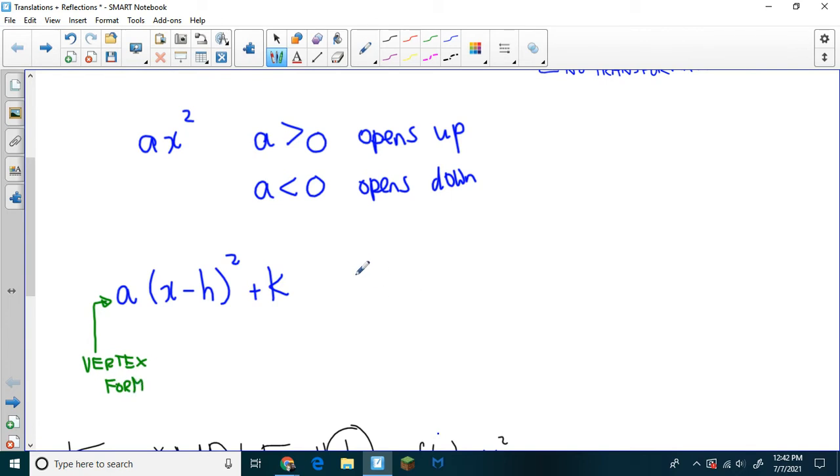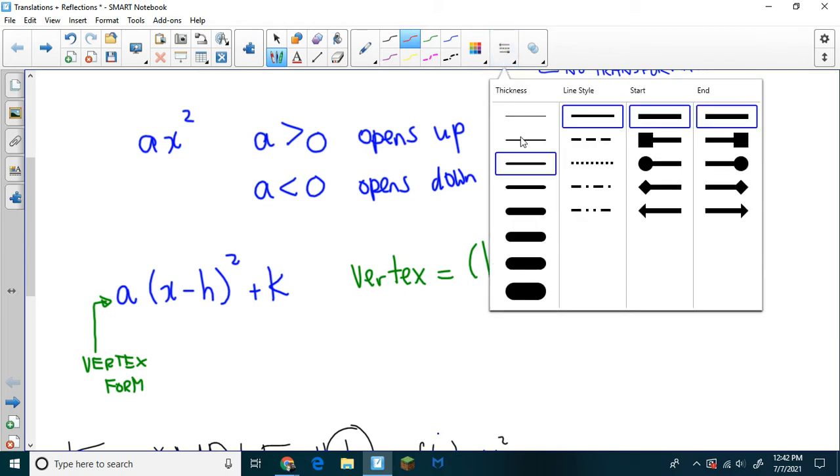So hopefully this may have triggered a memory, where a quadratic in vertex form gives me the coordinate of the vertex.